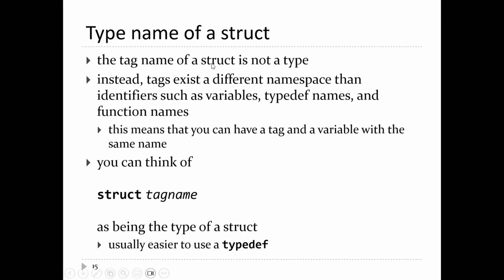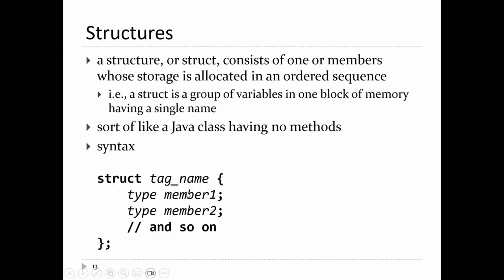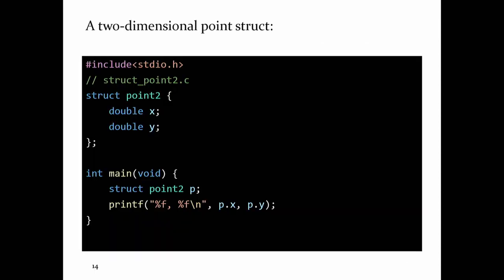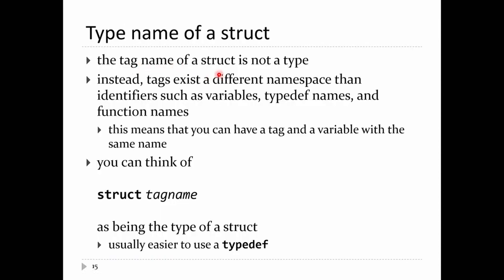All right, so when you declare a structure, you give it a name. The name is called a tag. The tag name of a structure is not a type. The tag is just a name. The interesting thing about tags is that C considers a tag to be different from a variable name, a function name, or a typedef name.